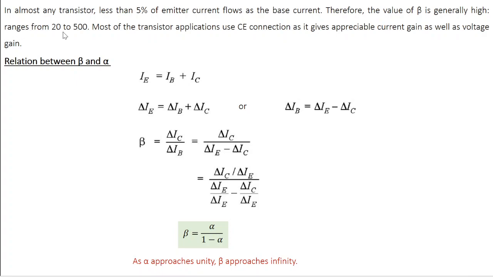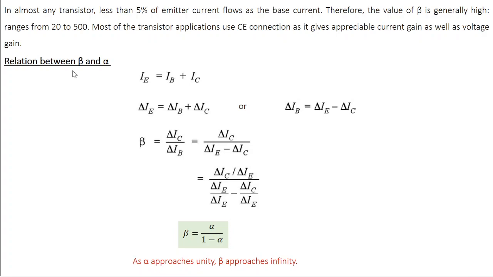It typically ranges between 20 to 500. That's why most transistor applications use common emitter connection, because it gives very good current gain as well as voltage gain. So more than 90 to 95% of transistor applications employ common emitter connection.